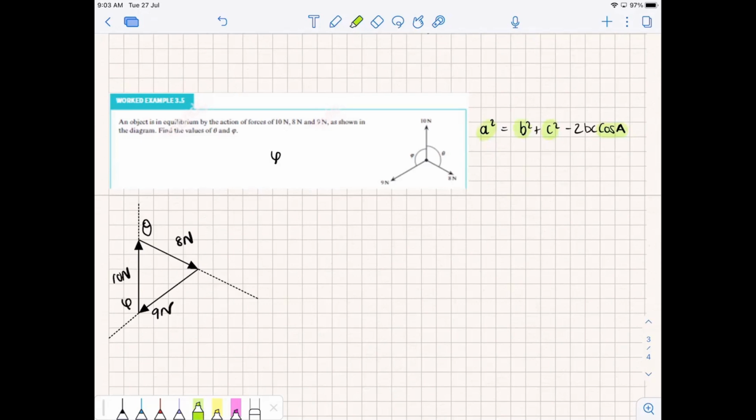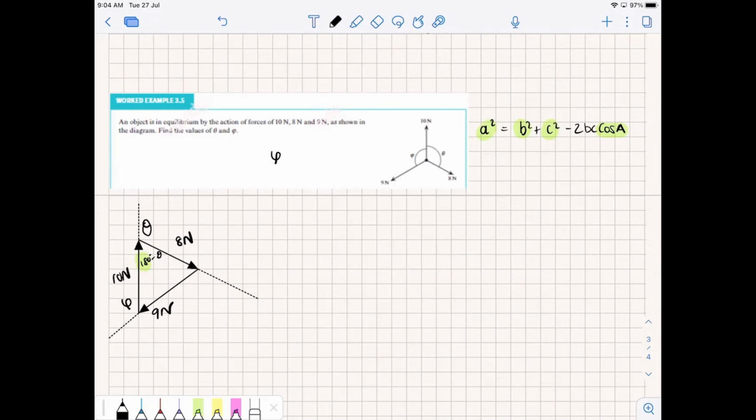So let's have a go at this, okay? We want to find out the value for angle theta, right? But theta isn't inside the triangle. However, this angle over here is just 180 degrees minus theta, right?